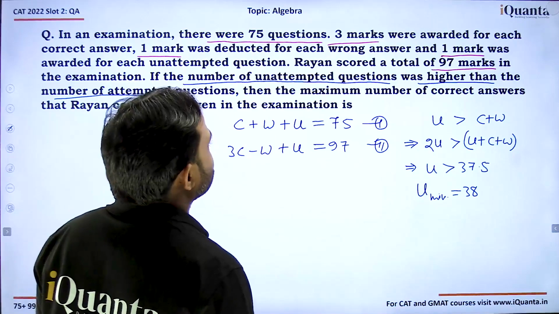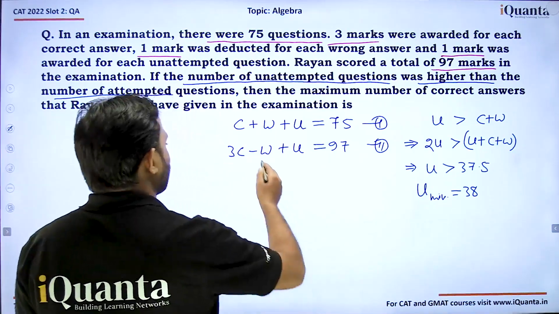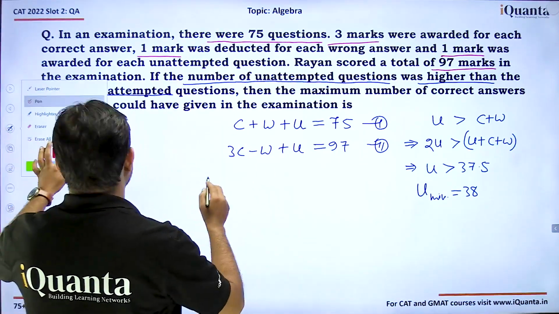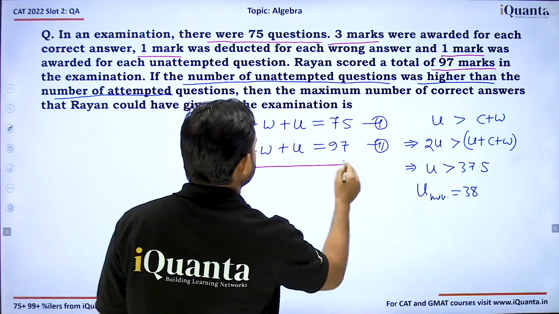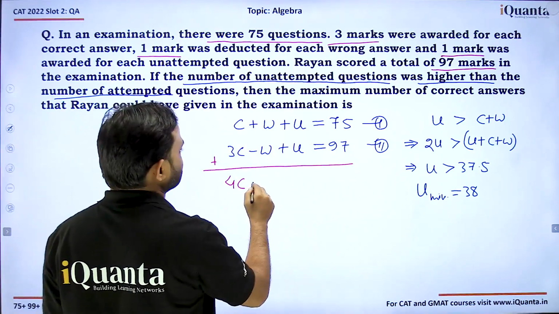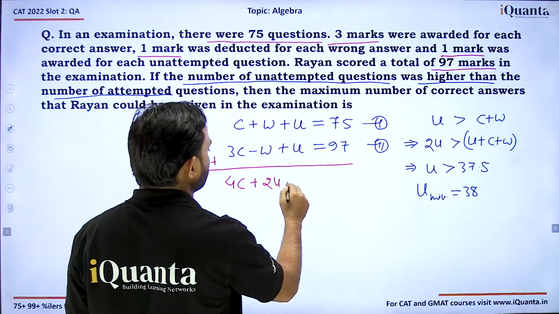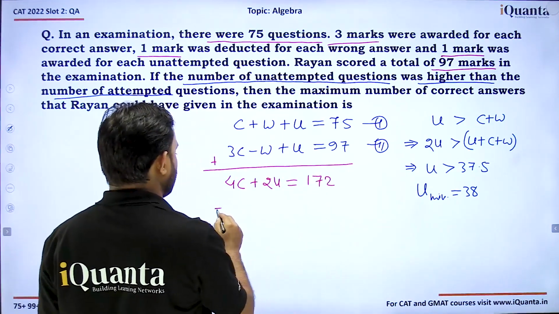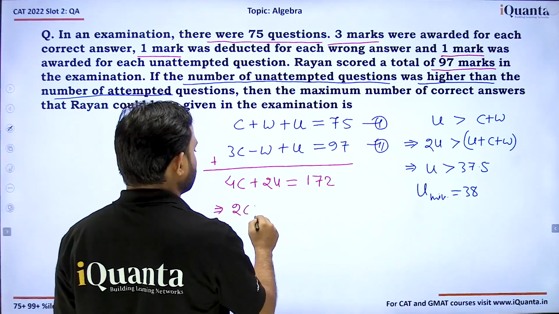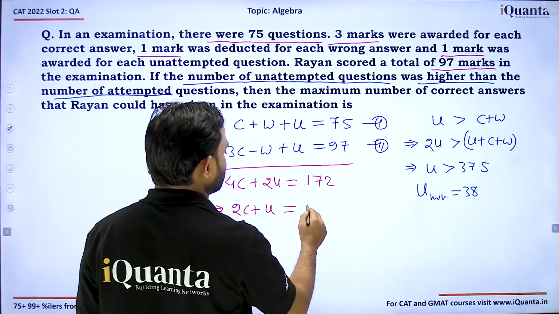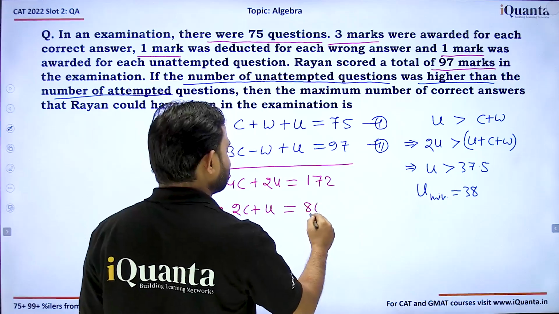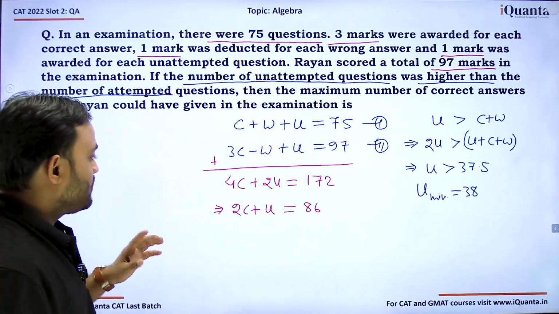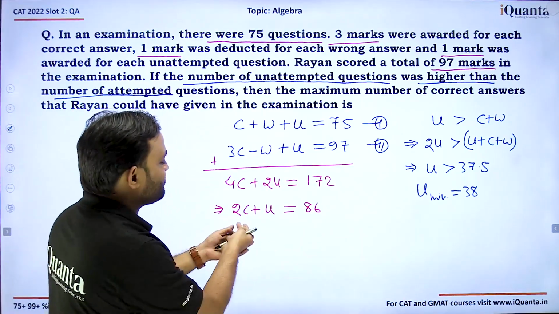So in that case, now let's try to add these two. If we add these two, we get 4C plus 2U will be equal to 172, or 2C plus U will be equal to 86. Now, we need to maximize the value of C, right?